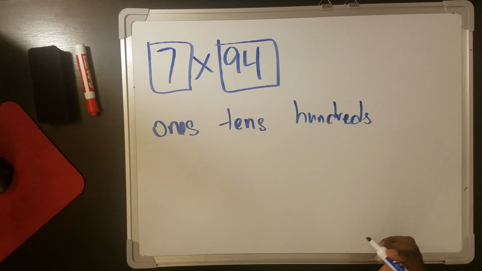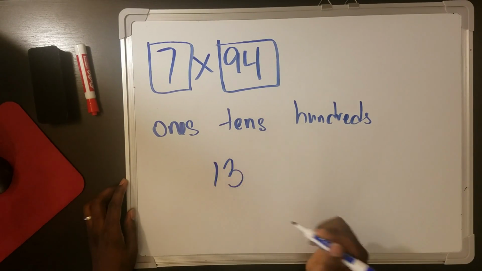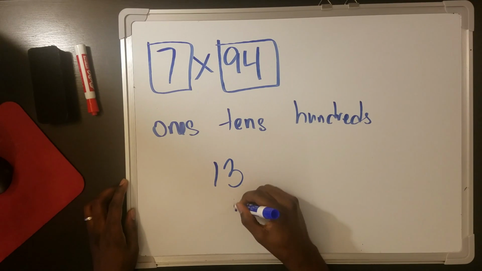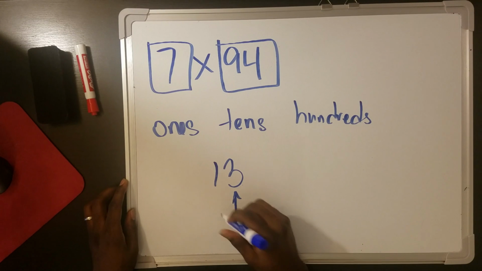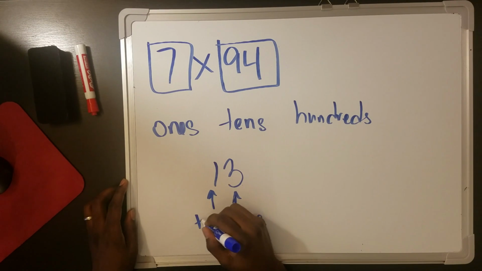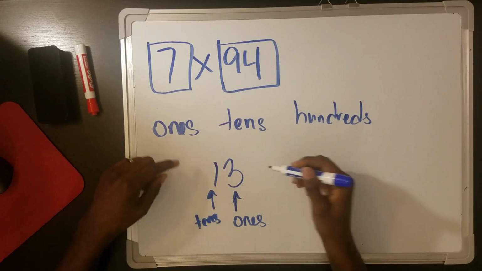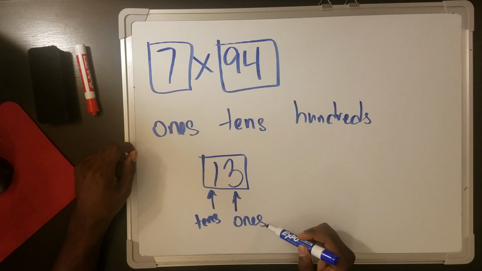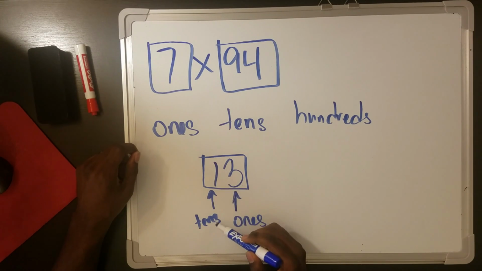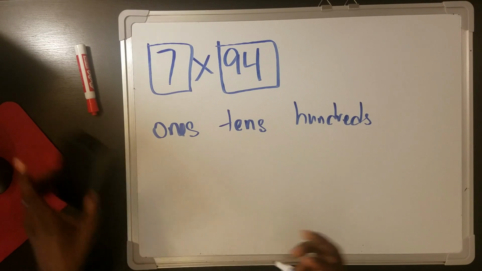So for example, if you had a number like 13, the 3 is going to be the ones place, and the 1 is the tens place.